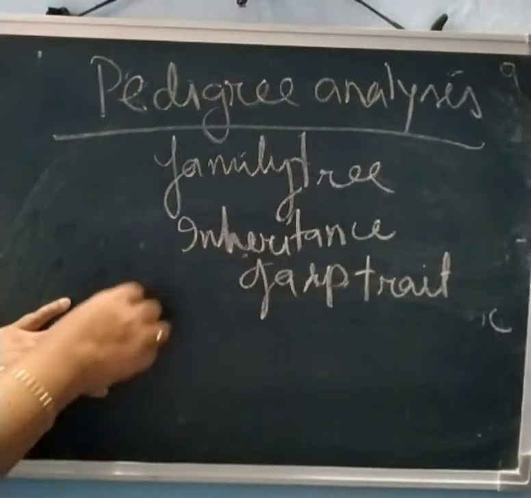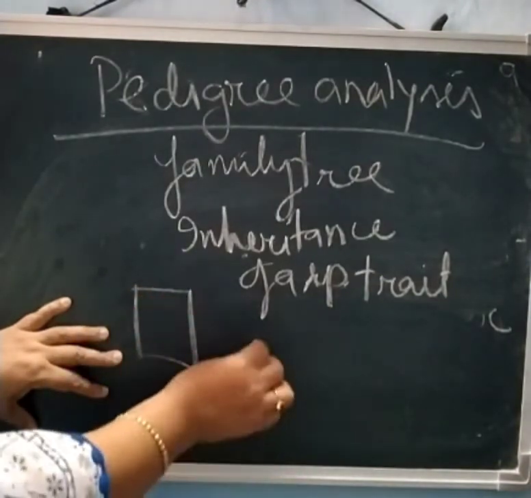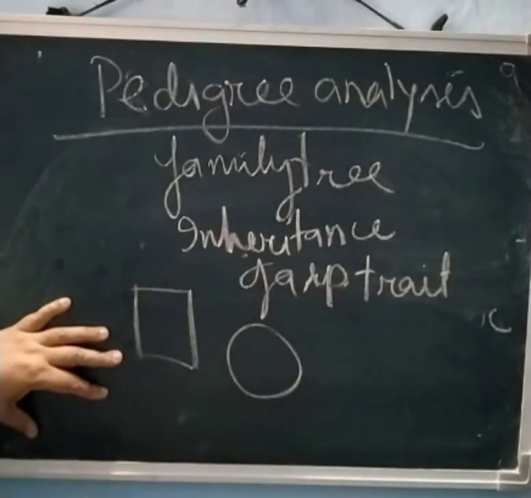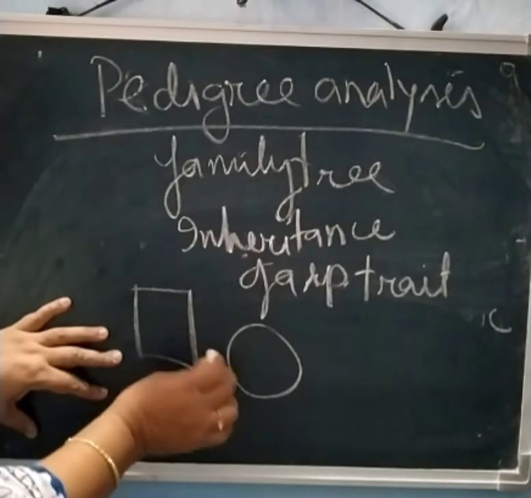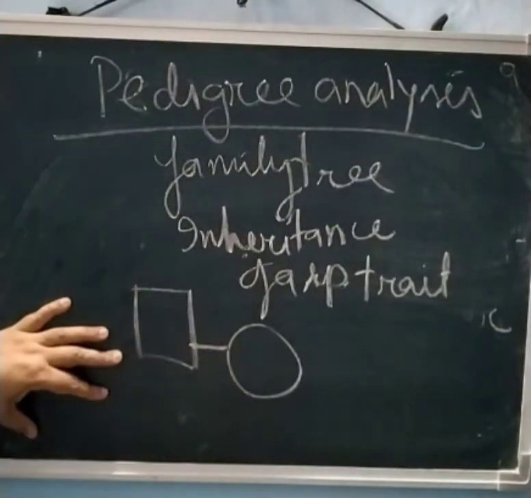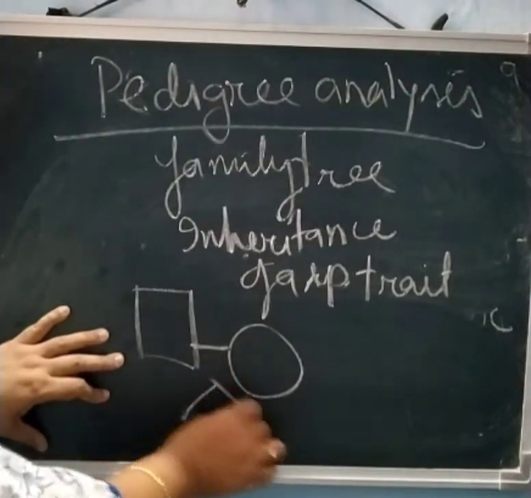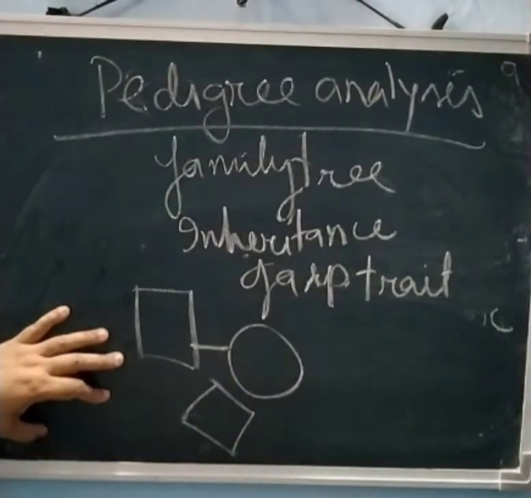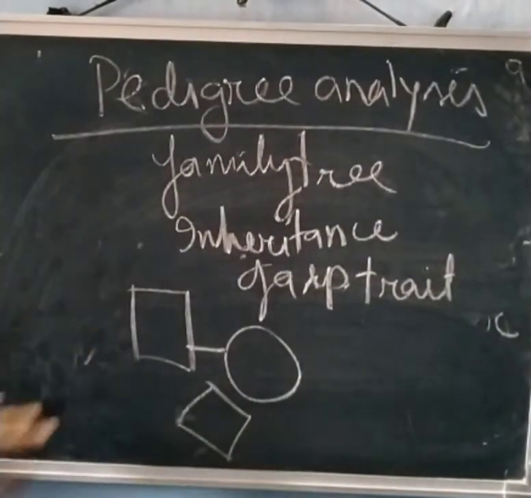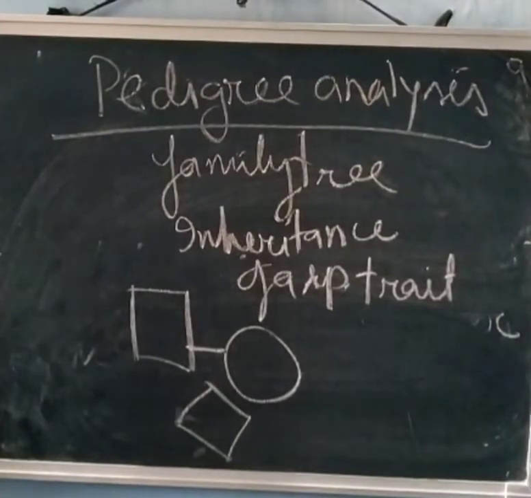You can see, this is male, then this one is female, and if there is a marriage then it can be shown like a bond. Then sex unspecified is shown like a dice symbol. So lots of symbols are showing male, female, sex unspecified, affected individual, mating, heterozygous male, heterozygous female, and parents with a male child affected with disease.